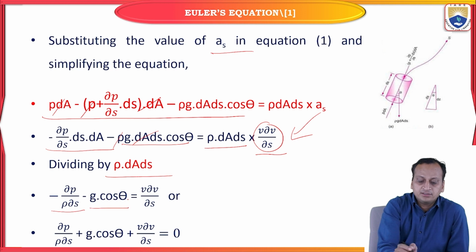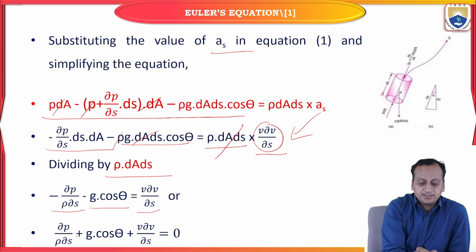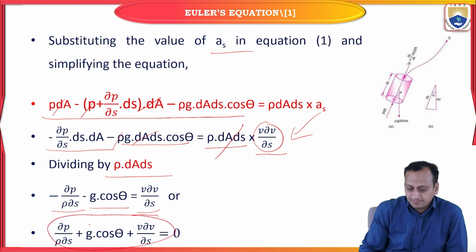Similarly, only v dou v by dou s will remain. So we can write this equation as dou p by rho dou s plus g cos theta plus v dou v by dou s equals 0.